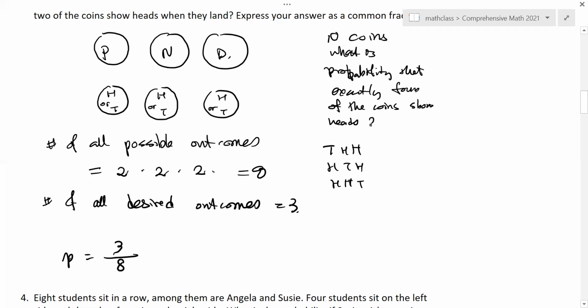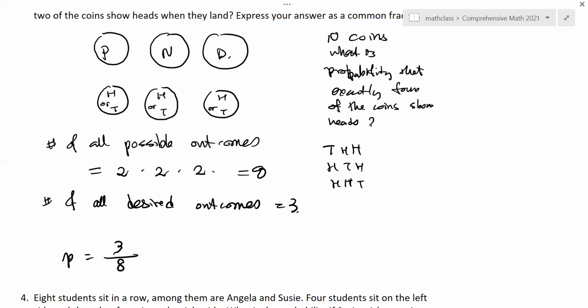Can you do this problem? 10 different coins tossed simultaneously. I just changed the number from 3 to 10. Then what is the probability that exactly 4 of the coins show heads?